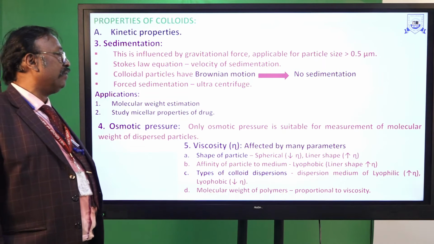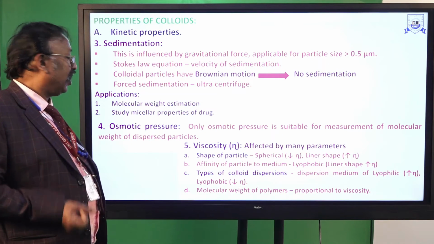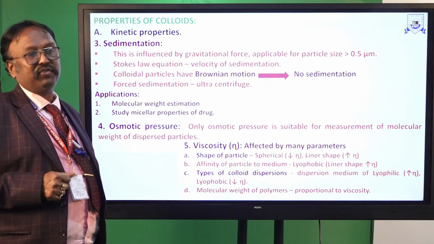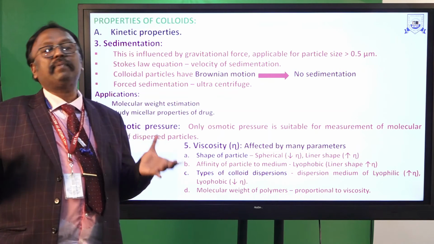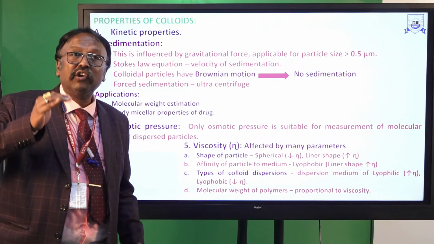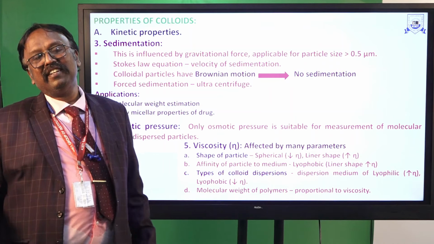Lyophilic dispersion media increase the viscosity, while lyophobic decrease the viscosity. And the molecular weight of polymer is directly proportional to viscosity. As the molecular weight of polymer increases, the viscosity definitely increases.